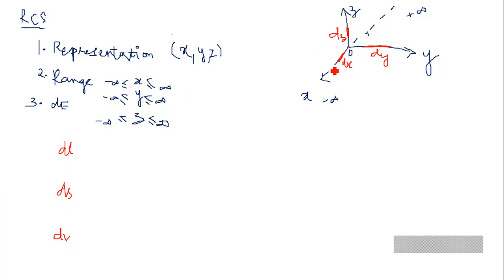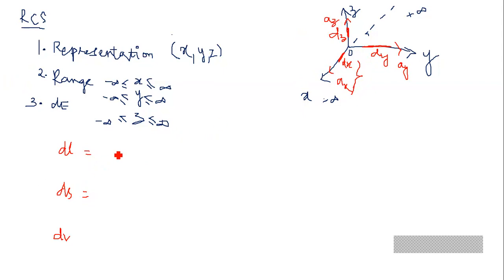Similarly, I'm considering a unit vector for the x-axis, that is ax. Similarly for y it is ay, and similarly for z I'm considering it as az. Now if I want to write a formula for differential elements, what I should do is just multiply the differential element and the unit vector.